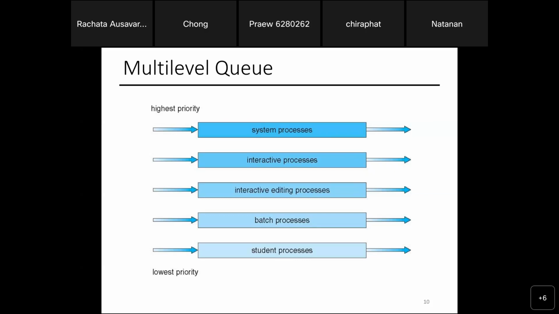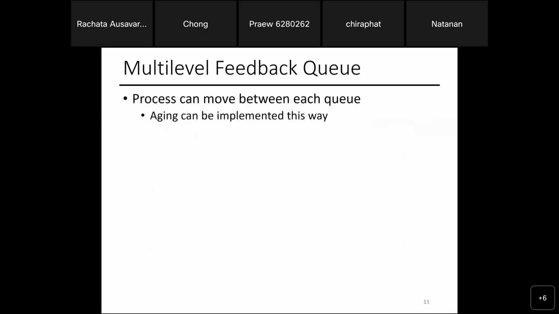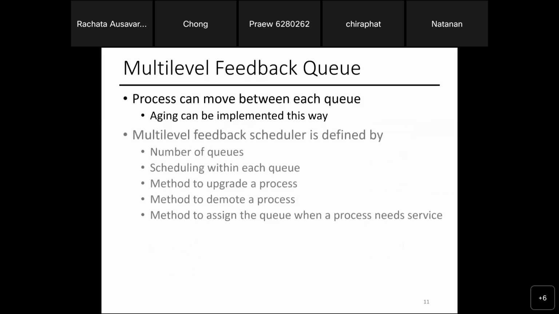And then student process, yeah, no one cares. Which, again, as I said, might not make sense. You might want to schedule them as an interactive process because you guys are actually editing, for example. A process can move between each queue as well, right? For example, aging. If the process waits inside the batch process for a long time, maybe I promote it into interactive process. Even though it's not interactive, I should put the process in that queue, right?